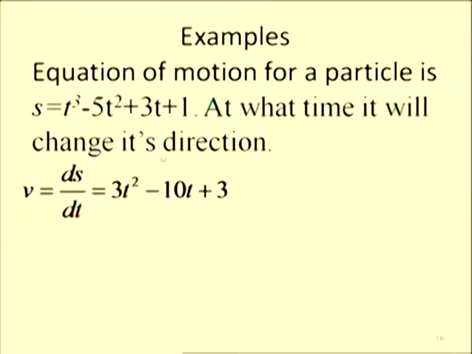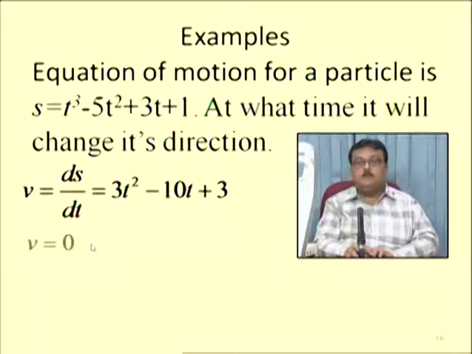Now if this v becomes 0, we have a change in direction. So if there is a change in direction of a particle, v should be equal to 0. So let us take v is equal to 0. When v is equal to 0, it will change direction, so we will get that time.